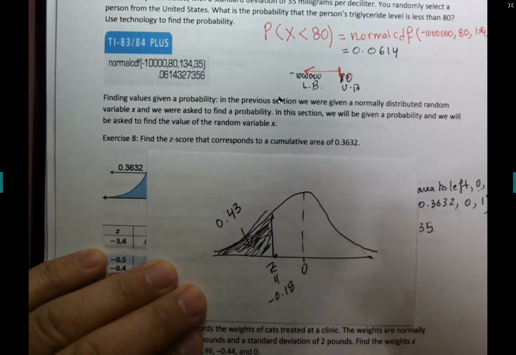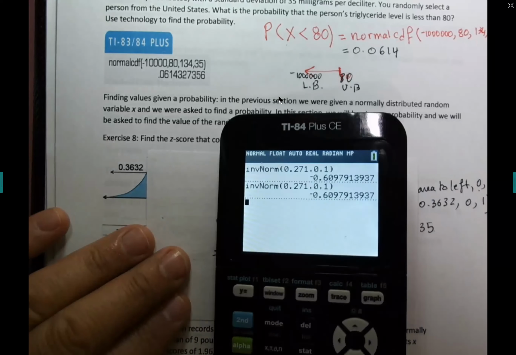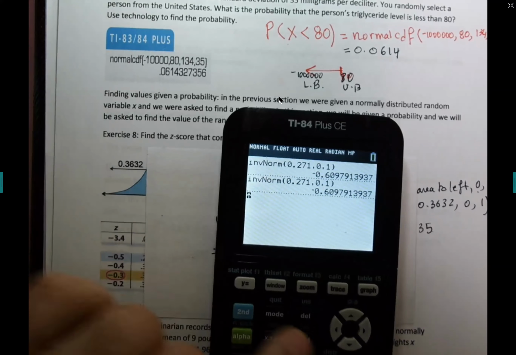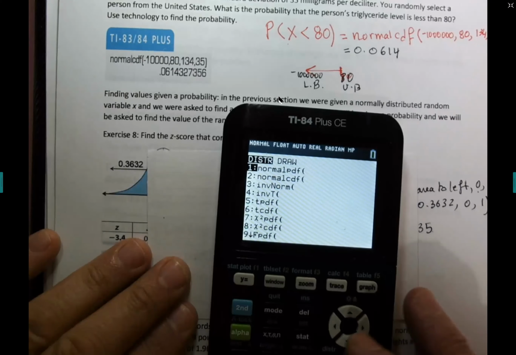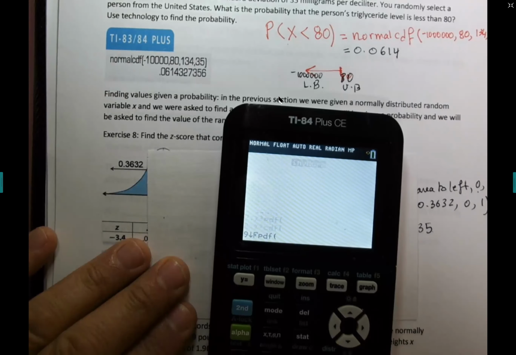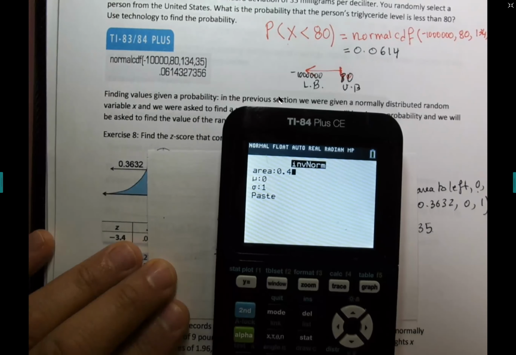But I'm going to show you that the calculator is more accurate than this. Watch. Second, let me clear. Second and distribution. No, inverse norm. Okay, 0.43, 0, 1. Watch, guys.